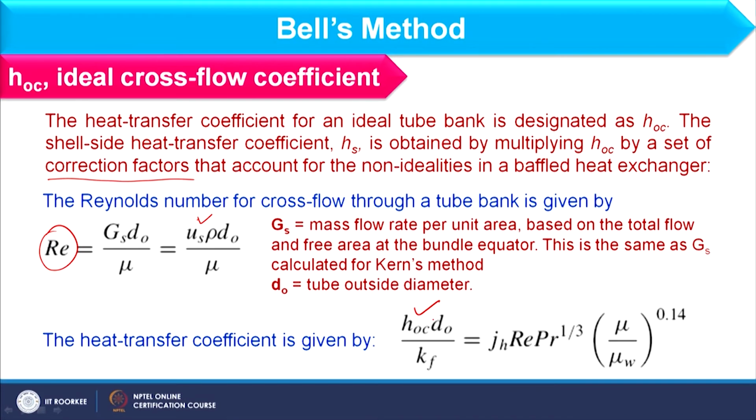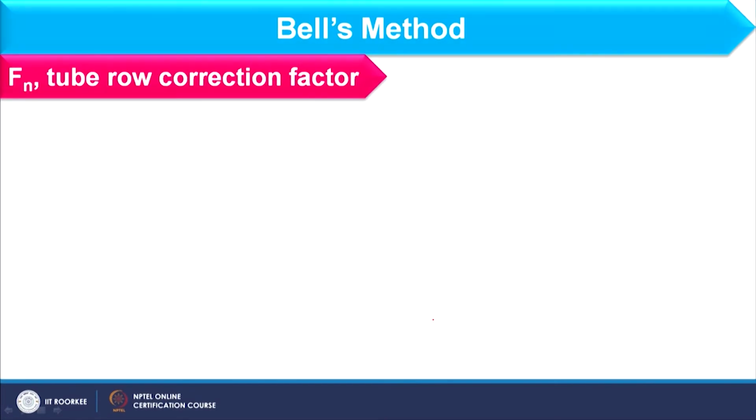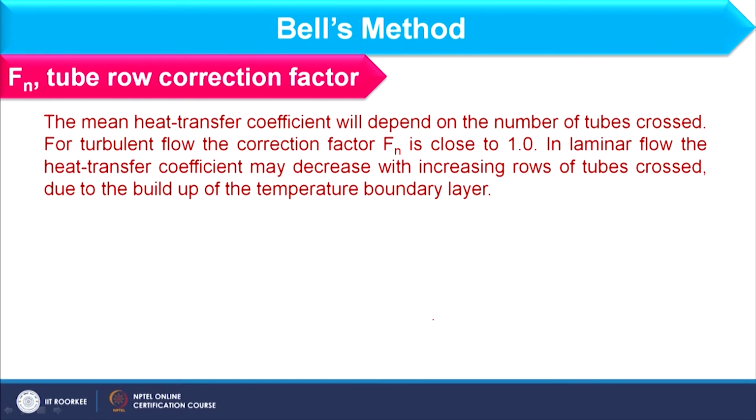Okay. So, in this way we consider ideal cross flow coefficient, and then we will multiply this with different correction factors. Okay. So, first of all I am considering tube row correction factor, and that I am representing as Fn, and in the book same nomenclature is used. So, the main heat transfer coefficient will depend on number of tubes crossed.